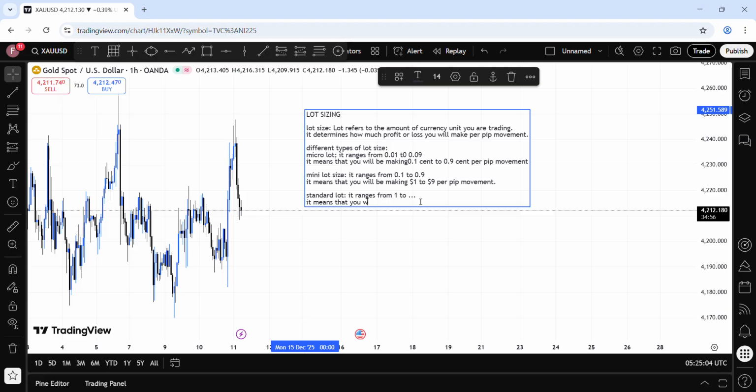So now, this means that for every movement, you will make $10 per pip movement.